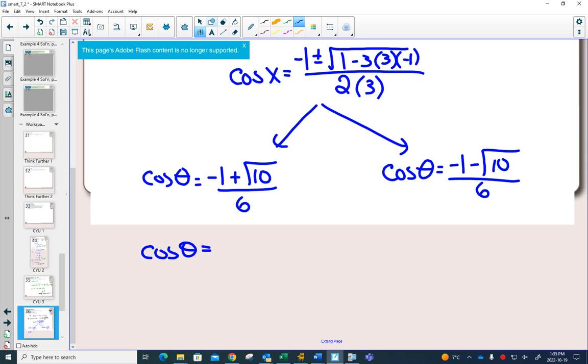And so we could get a decimal of this with our calculator. Try typing this into your calculator as well while I'm typing it in, just to make sure that your calculator skills are still up to it. 0.36.